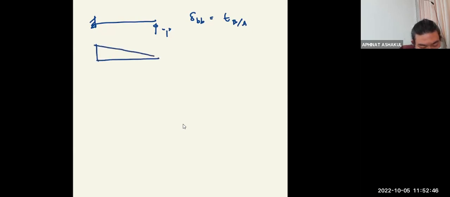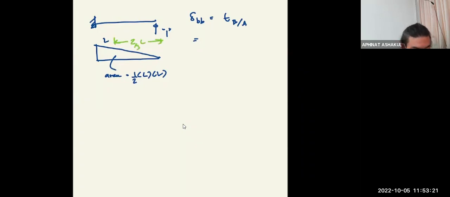Here it is L, and this load is 1. So TBA is going to be equal to the area. The area is a half of L multiplied by L. And now we take moment with respect to point B, which is 2/3 about.